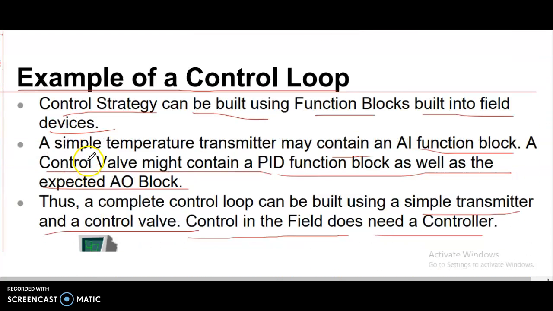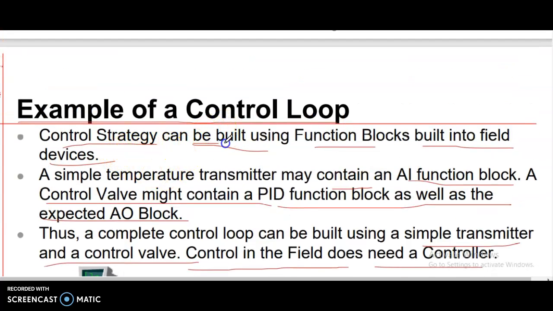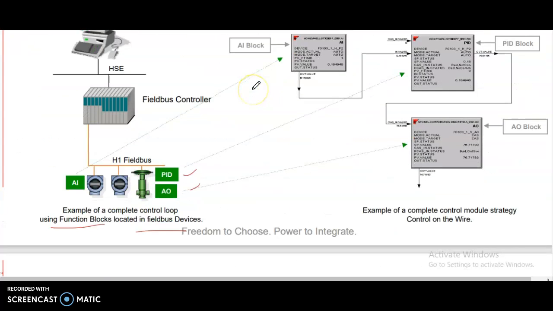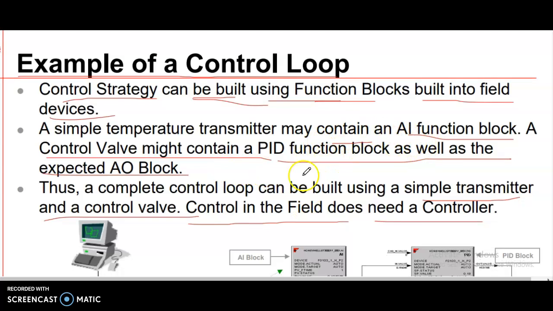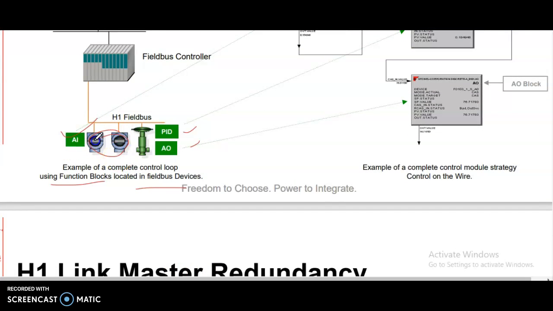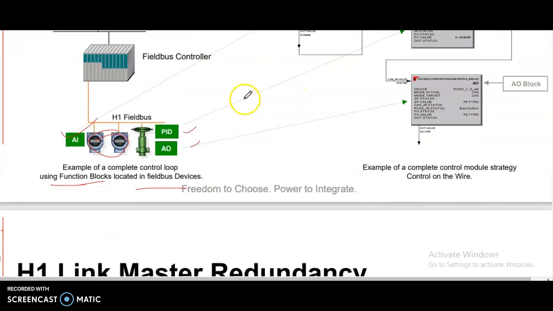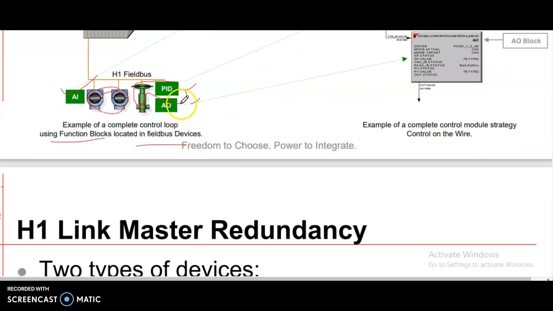Example of a control loop. Control strategy can be built using function blocks built into field devices. A simple temperature transmitter may contain an AI function block. A control valve might contain a PID function block as well as the AO analog output.